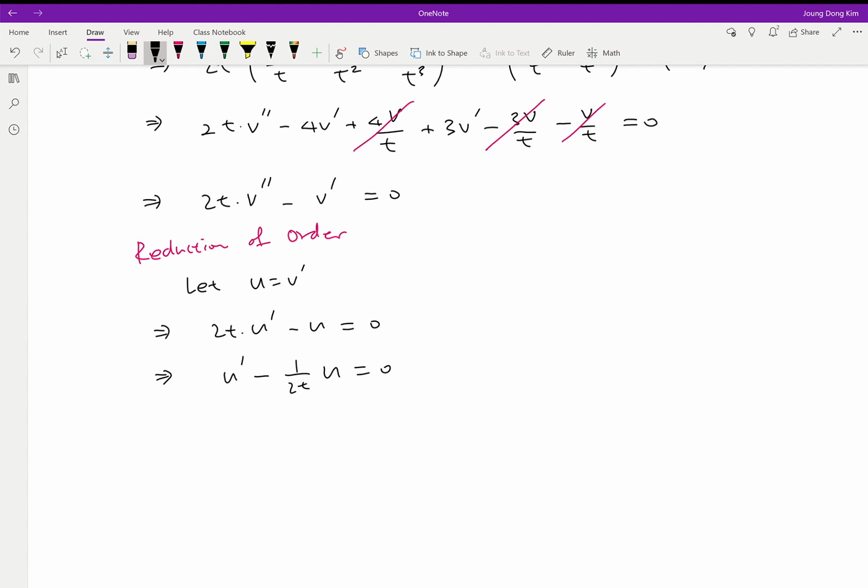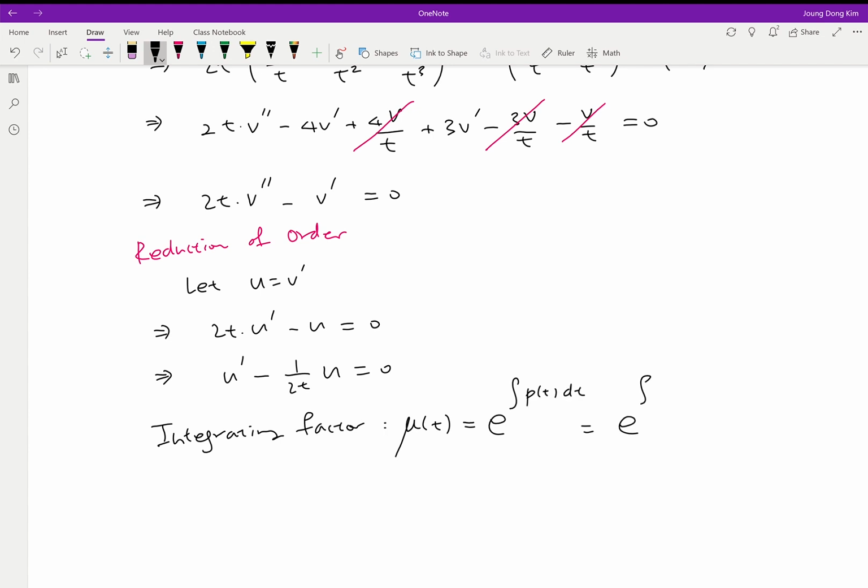Now, the integrating factor, mu, is e to the integral p(t) dt, right?